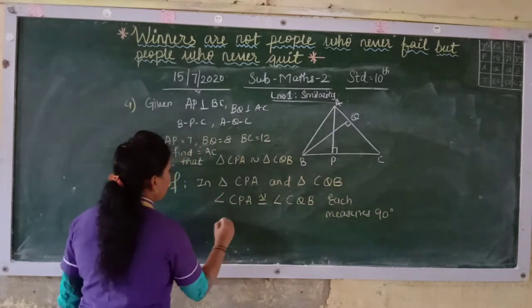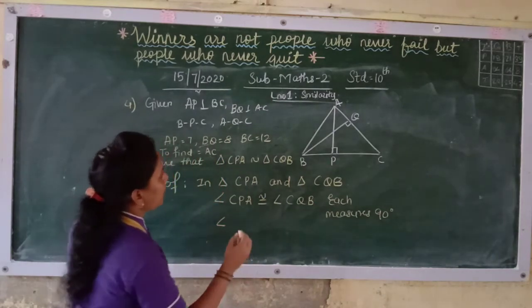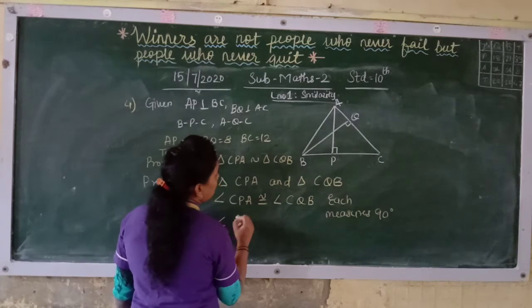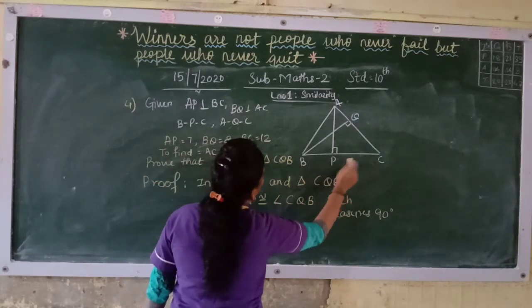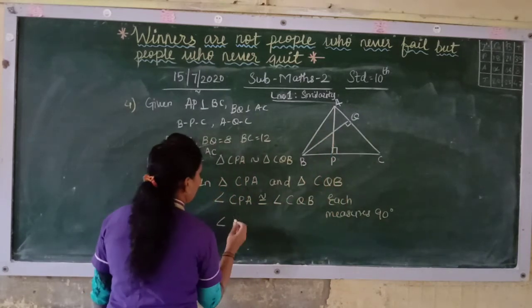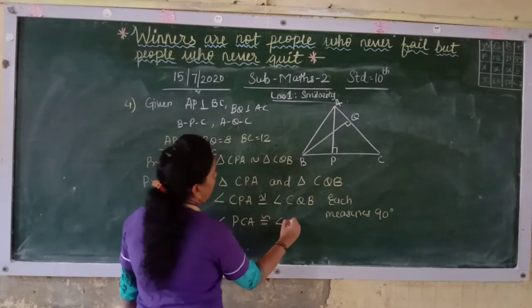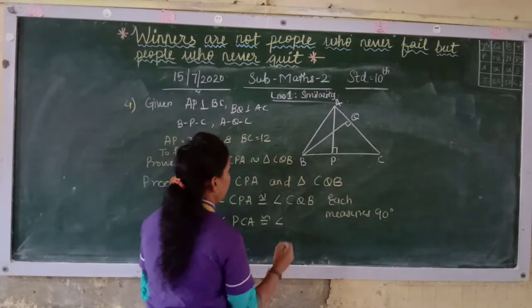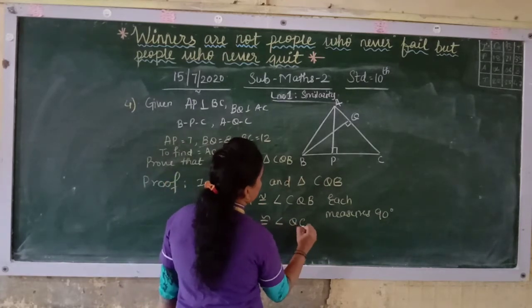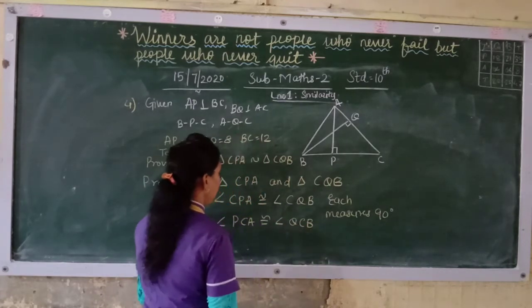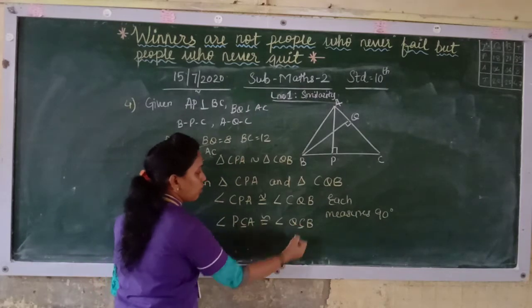Then the common angle: you can write angle PCA is congruent to angle QCB. So see here, C is coming as the common angle.